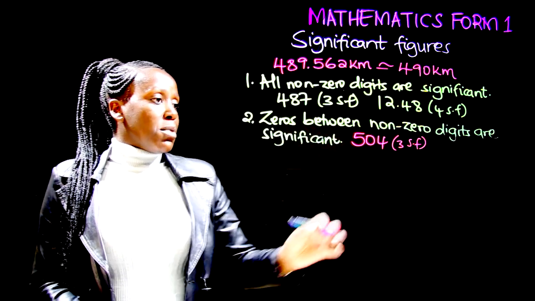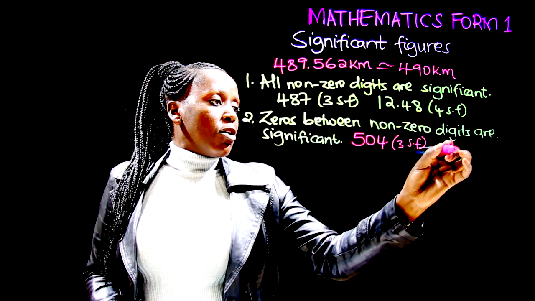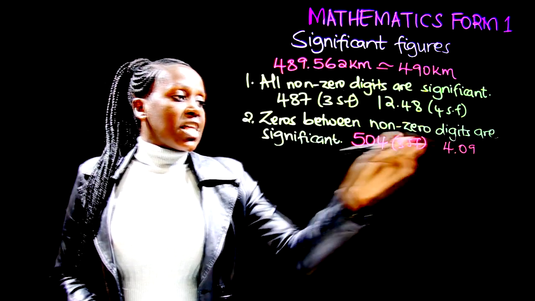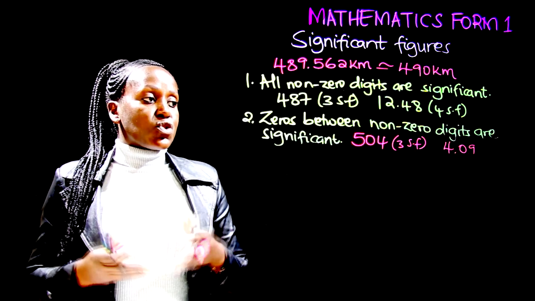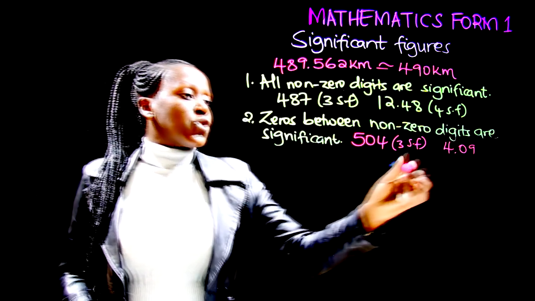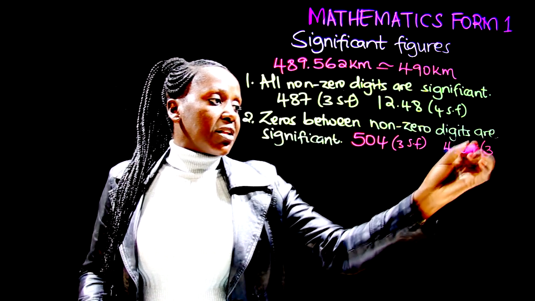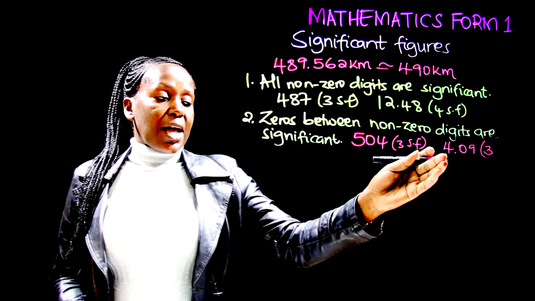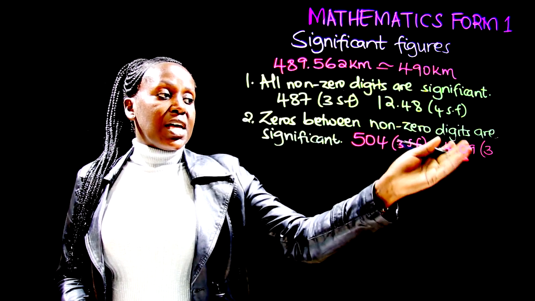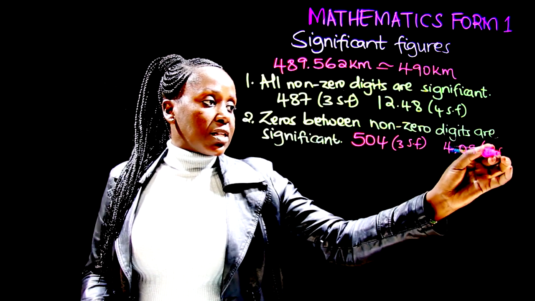Another example would be 4.09. This 0 is between two non-zero digits, so it is considered to be significant. Therefore, in this number, we also have 3 significant figures.